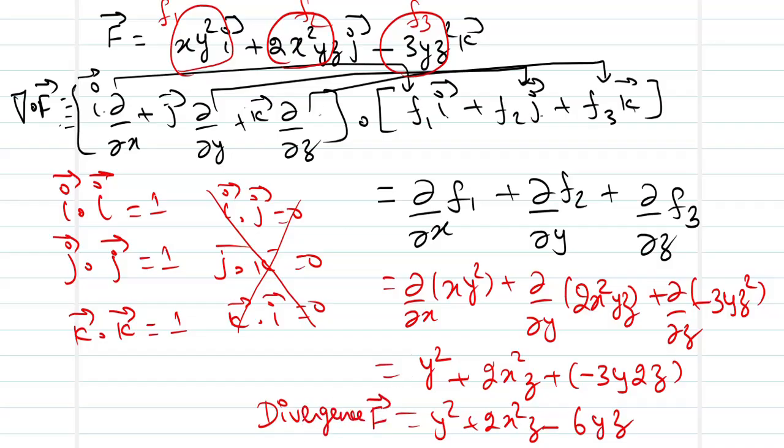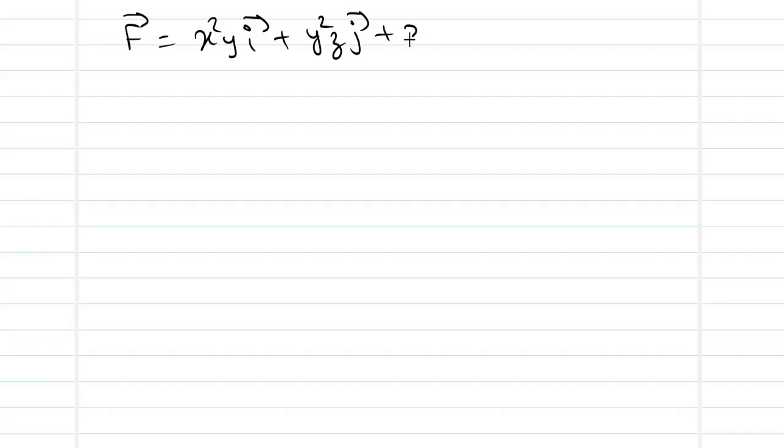And now comes the last part, which is going to be my curl. How to find the curl of a vector? So let my f vector be equal to x square y i plus y square z j plus z square x k. Now how to find the cross product? Del cross f.